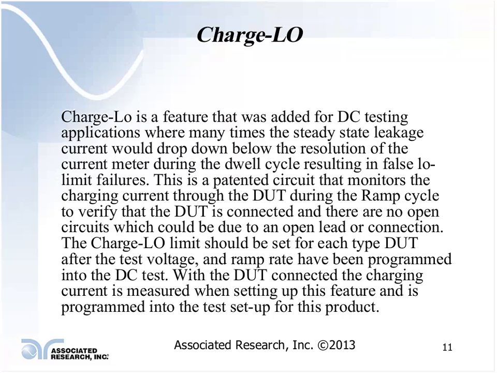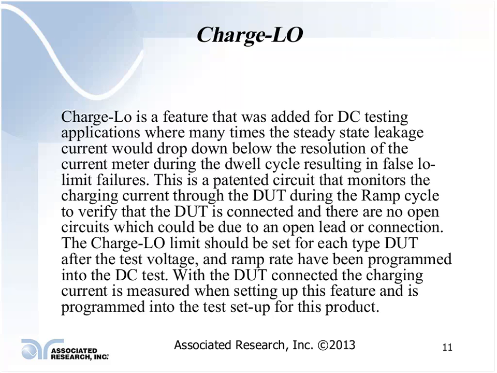If you put in a different type of product that has a different charging current, again, you may have to set up a different low limit. So this is one of the advantages for having multiple memories where you can set up different test scenarios for different types of products. Okay.